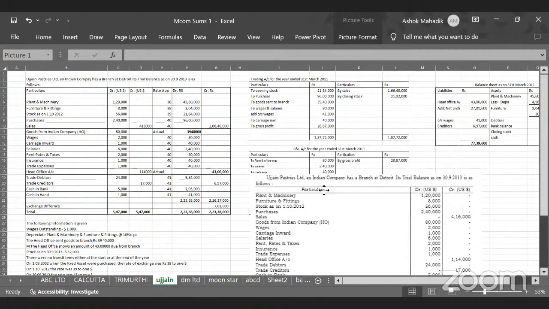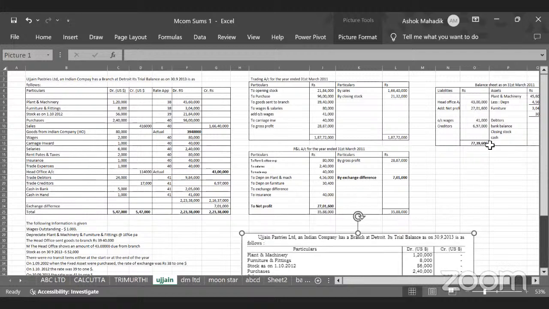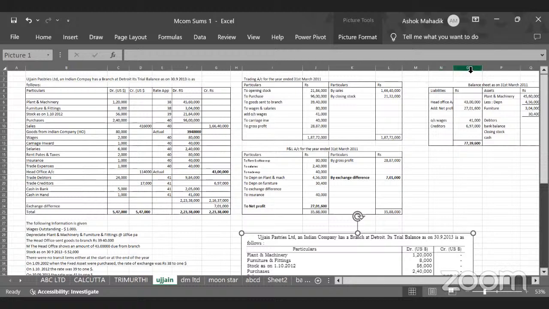Once you convert the trial balance, it's simple work. You can take a screenshot of this if you want to solve at home. I tried to adjust the length so that everything is fitted on one page.